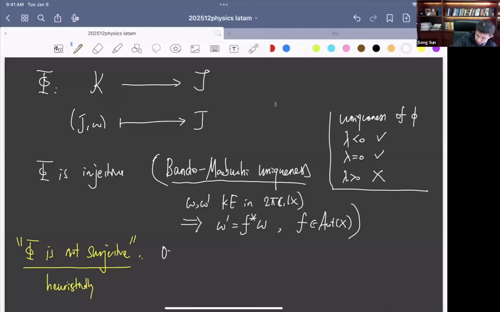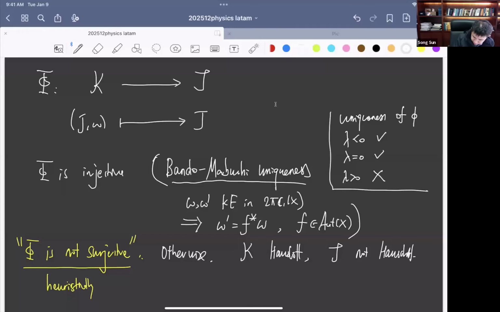Because otherwise, this map is a continuous map. The left hand side 𝒦 is Hausdorff, and 𝒥 is not Hausdorff.